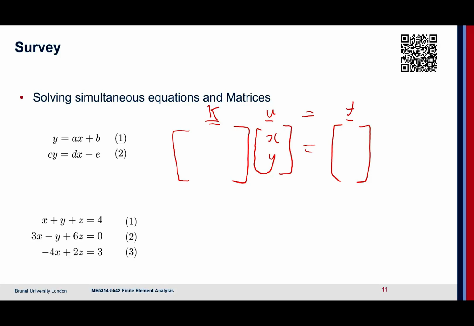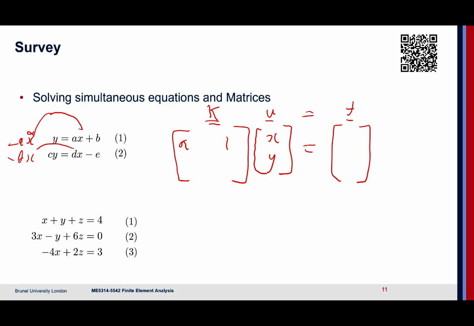Okay, I'm going to show you how to do this, if that's okay. So the first one is exactly what we've just seen, but algebraic. So we essentially move a to this side, and it becomes minus ax. Similarly with d, this becomes minus dx. So this essentially becomes a times the x component, and 1 times the y component.